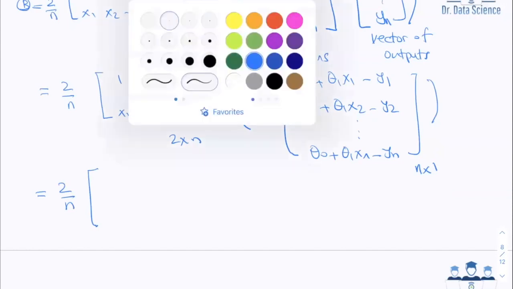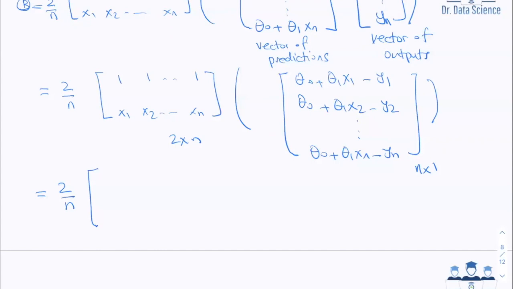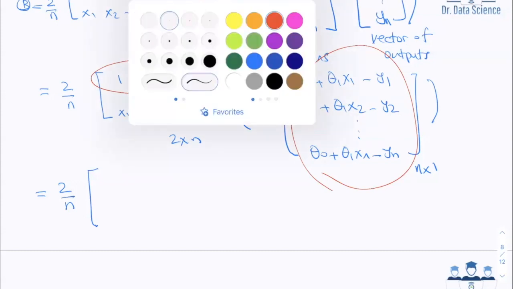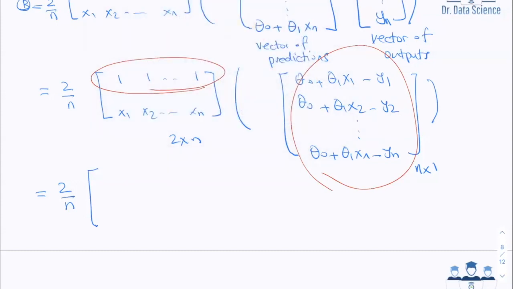To see how you can do the multiplication, remember, in terms of matrix vector multiplication, you take the first row and you multiply it by the first column, right? That's how we do matrix vector multiplication. And we're going to multiply all of them by 1. So we can write this as the summation from 1 to n of theta 0 plus theta 1 xi minus yi. That's the general form of each term.